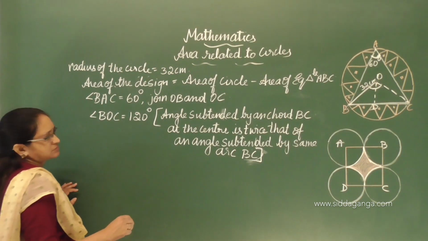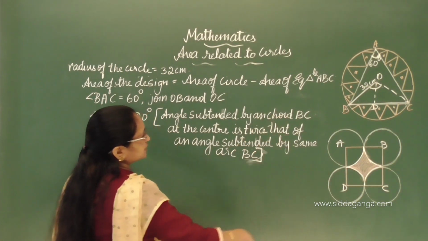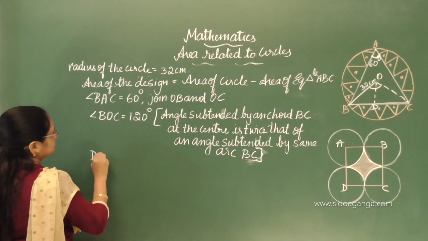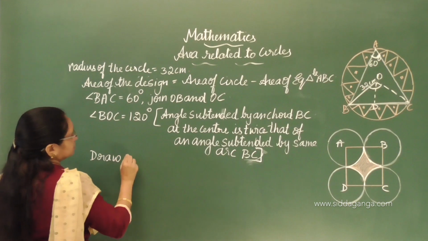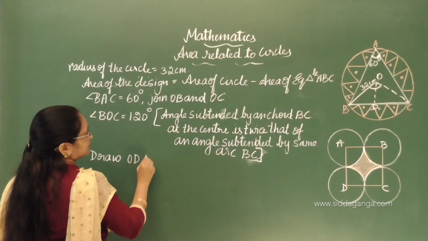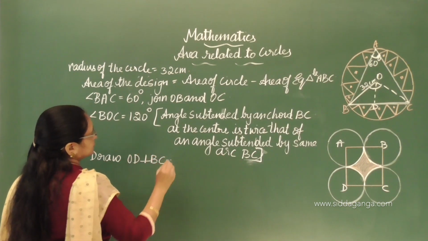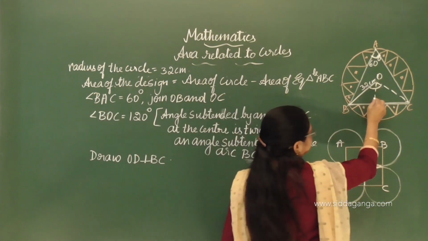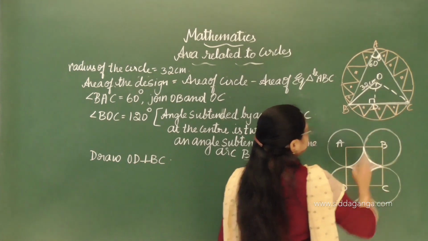Now next, see here 120 degree. So draw perpendicular OD perpendicular to BC. When you draw OD perpendicular to BC, you all know this will be 90 degree, correct?